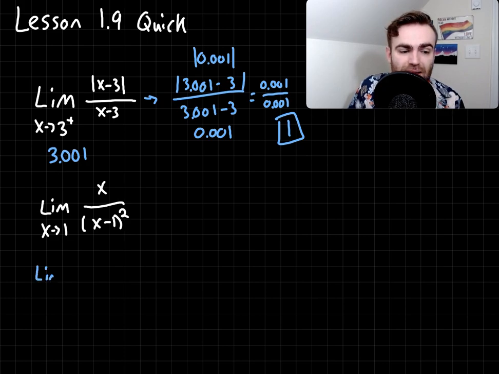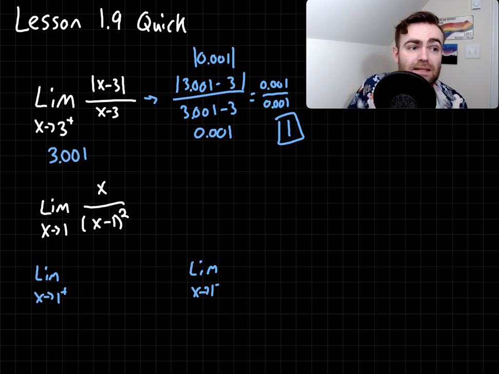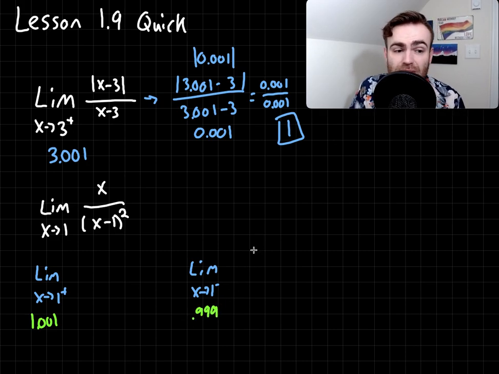Let's look at the limit as x approaches 1 from the right, and the limit as x approaches 1 from the left, and let's see what happens. So from the right, I'm going to use 1.001, and from the left, I'm going to use 0.999, and I just want to see what happens.